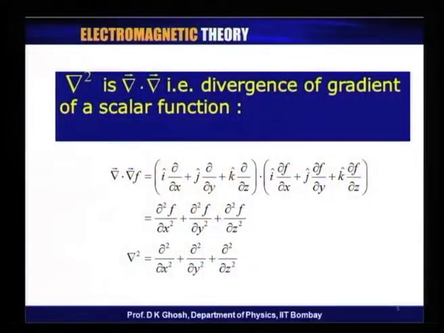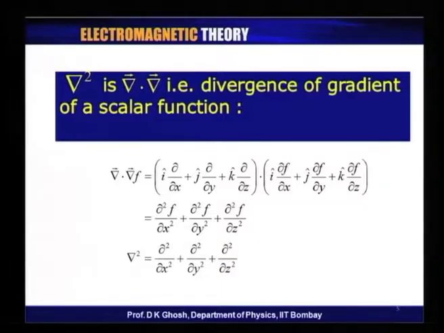Now, this del square, which is also called nabla square sometimes, but also has the name Laplacian operator, is basically a del dot del. Now, what is del dot del? Del dot del means the second del is essentially a gradient.